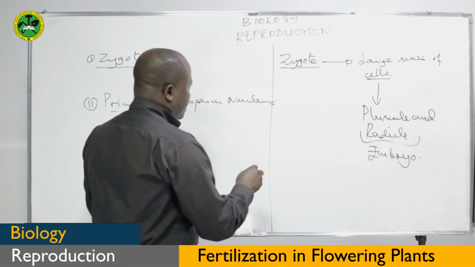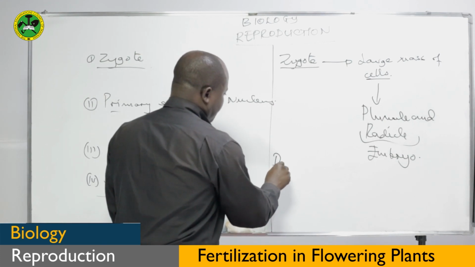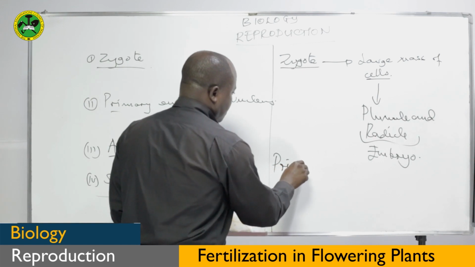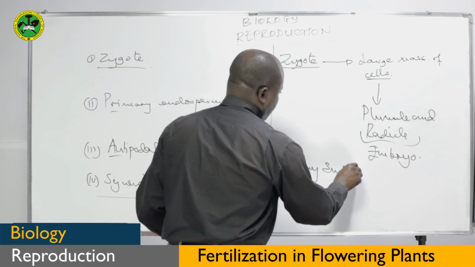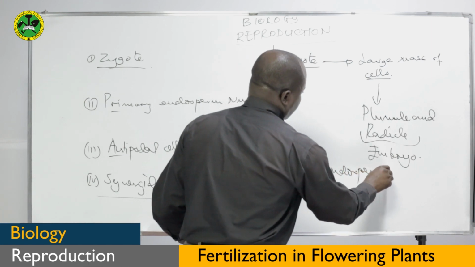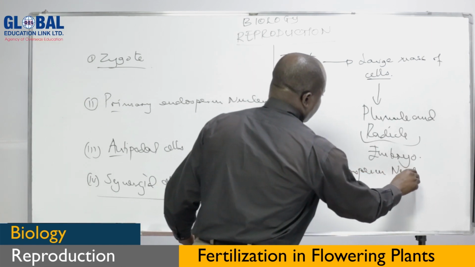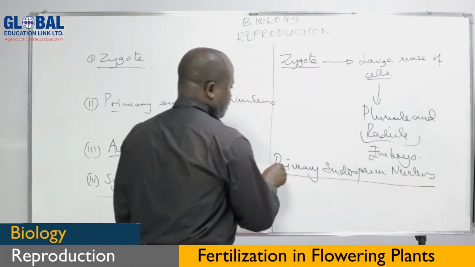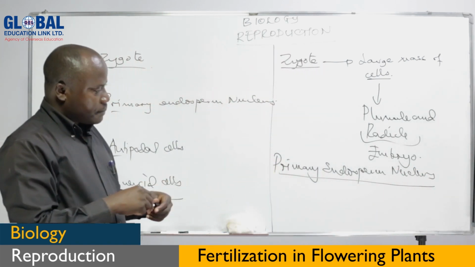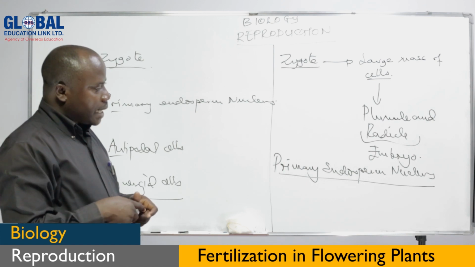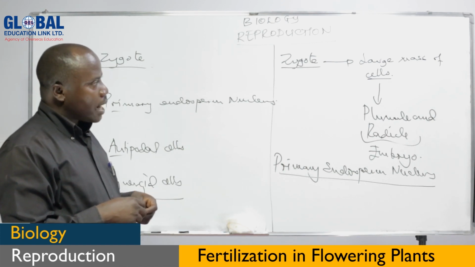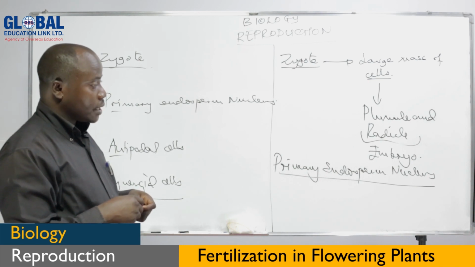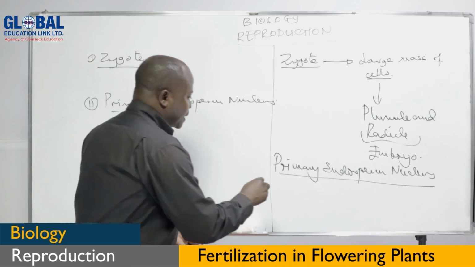But also, there is primary endosperm. The cells forming the primary endosperm will undergo another mitotic division, producing a large mass of cells.